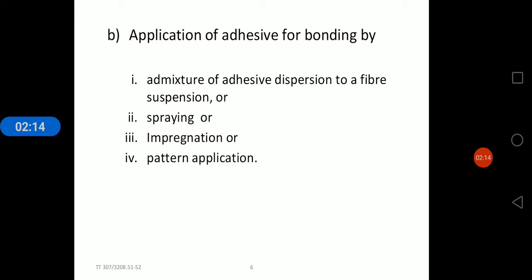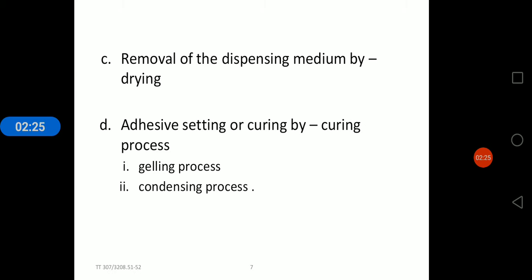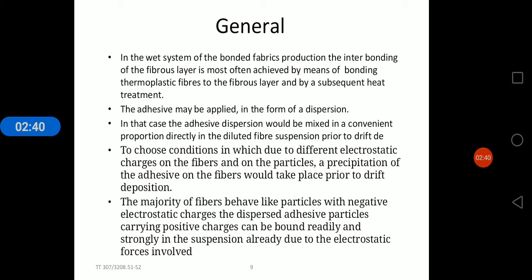Application of adhesive for bonding by admixture of adhesive dispersions to the fiber suspension, spraying, impregnation, pattern application. Removal of dispersing medium by drying, adhesive setting or curing by gelling process, condensing process, and bonding technique based on mixing of fiber suspensions with adhesive dispersions.